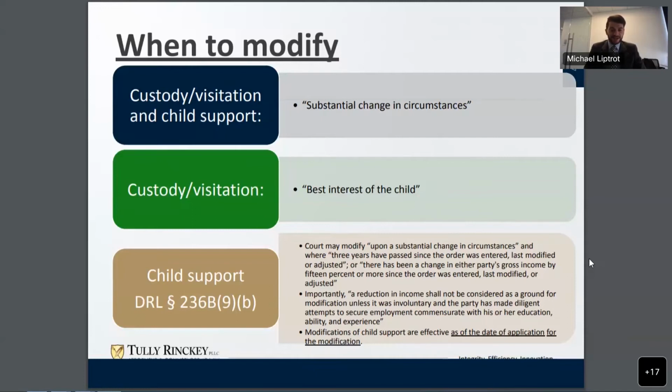But that entire time until you file that petition for modification, you are being assessed with the full amount of your child support obligation, and arrears will be accruing to the extent you fail to make that child support payment.